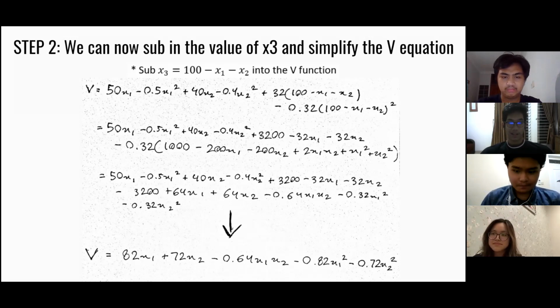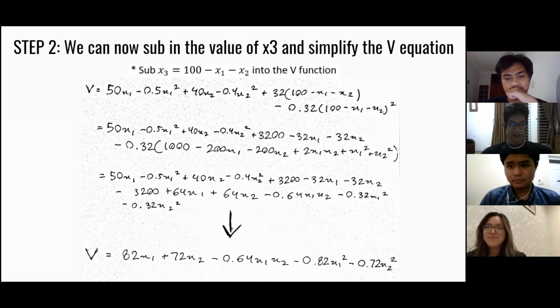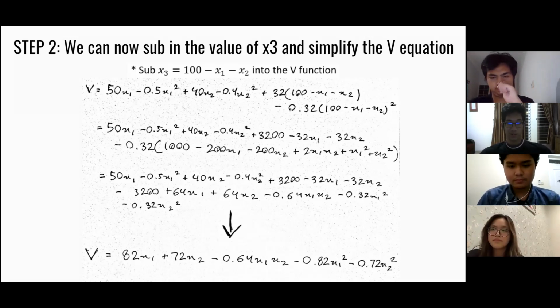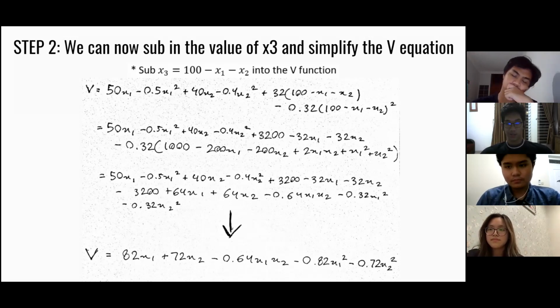Then we multiply the negative 0.32 with the values inside the bracket to get a very long equation, which I'll not read out in full, and simplify that to make V equals 82x1 plus 72x2 minus 0.64x1x2 minus 0.82x1 squared minus 0.72x2 squared. Now that we have the simplified equation, we can differentiate it, which I'll hand over to Elaine.